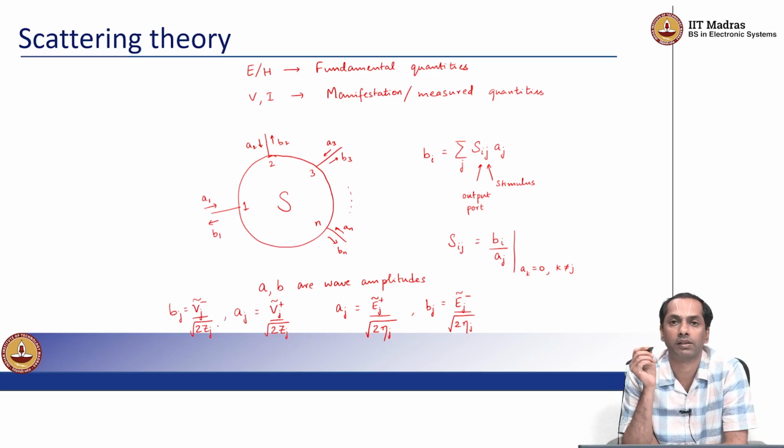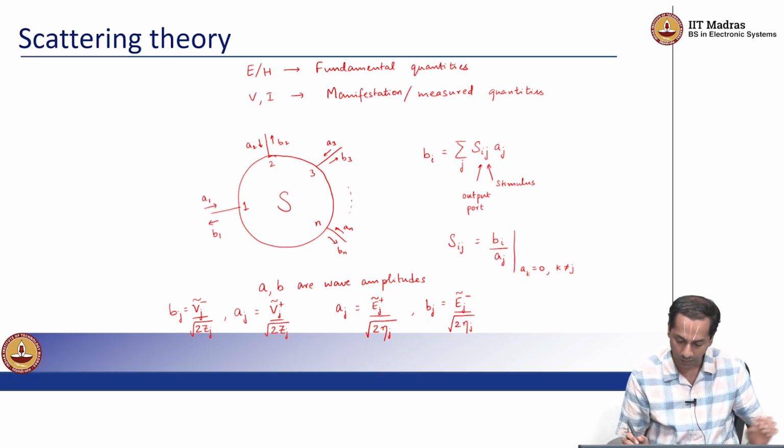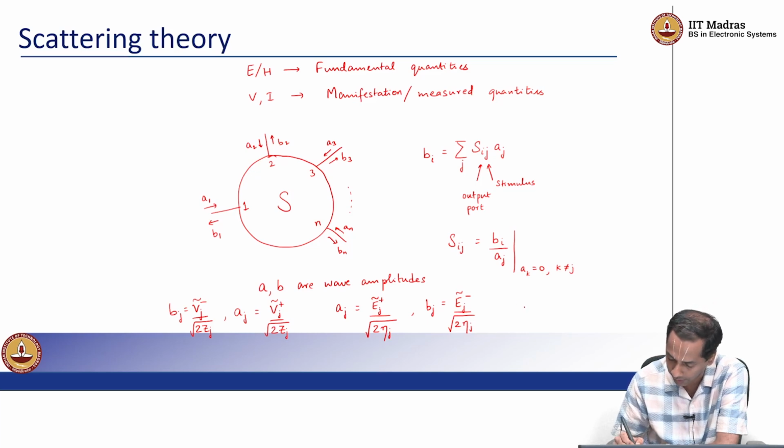So whether it is voltages and currents in transmission lines, or fields of plane waves or modes in a rectangular waveguide, one can always define these A's and B's in such a manner. Once we do this, we can notice that the net power flowing into a port can be defined as Pj is Aj star minus Bj star.